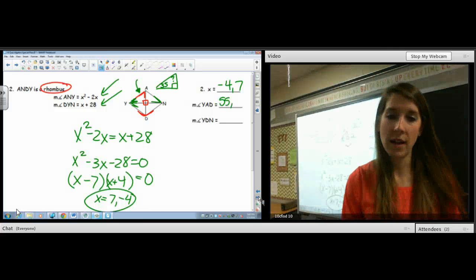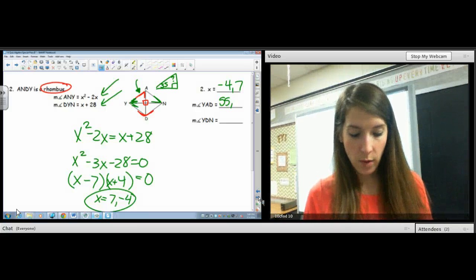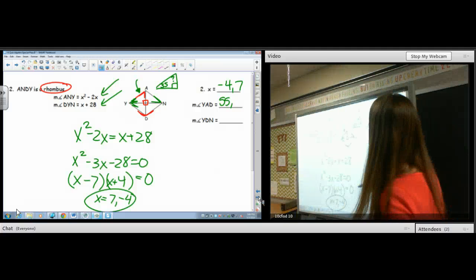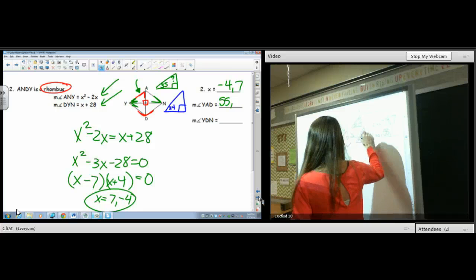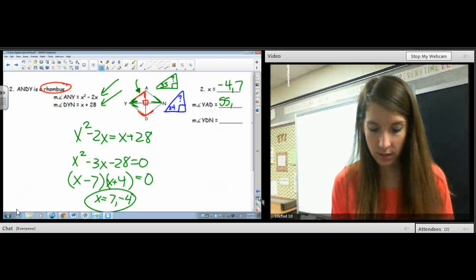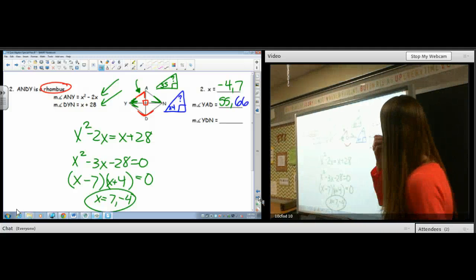But now we need to plug in the negative 4 because that's an answer too. So negative 4 plus 28, and we get 24. Remember, 24 is not the answer. 24 is this angle here, and we want that angle. So we do 90 minus 24, and that's how we get 66.